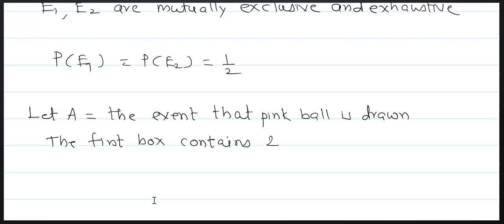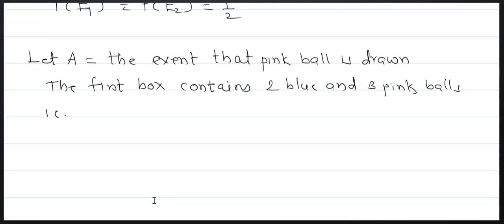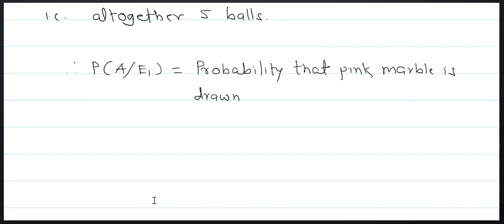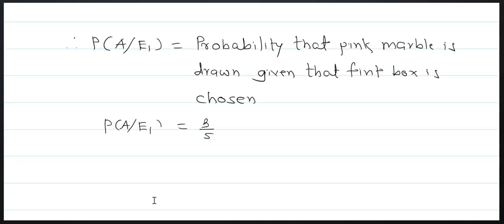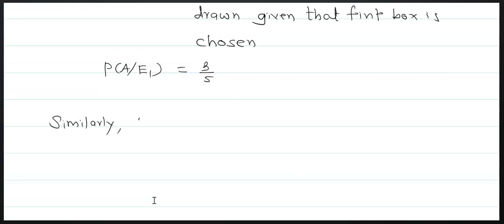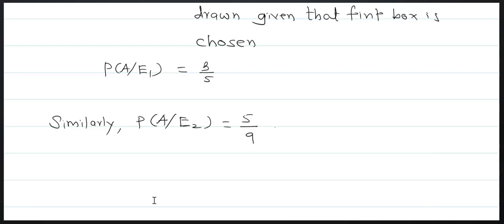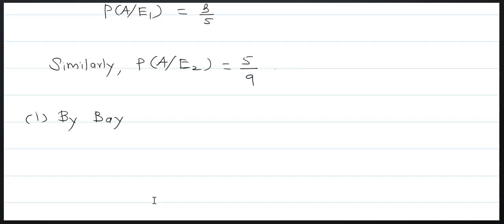The first box contains 2 blue and 3 pink balls, that is altogether 5 balls. Therefore, probability of A conditional E1 is the probability that the pink ball is drawn given that the first box is chosen, that is 3 by 5. Similarly, probability of A conditional E2 is 5 by 9, again for pink.